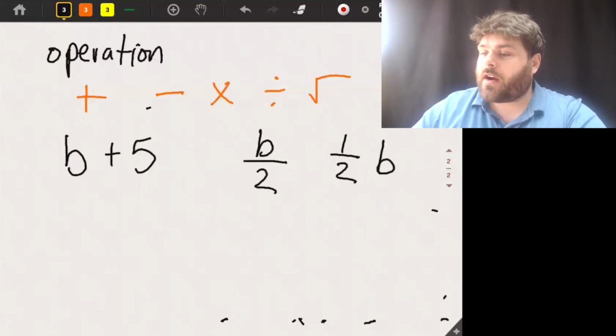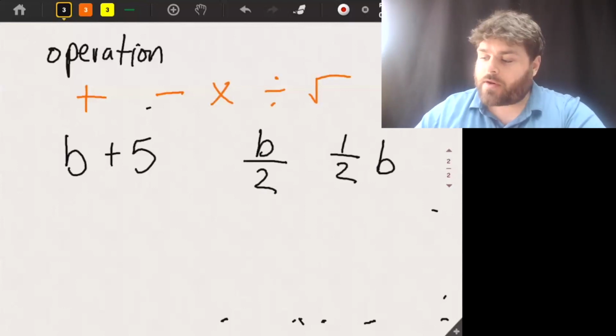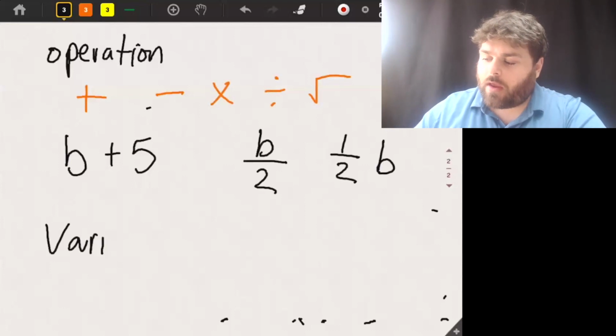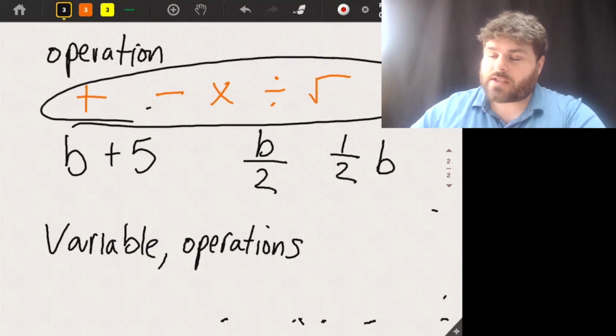So a few things here. We call this an expression. When we take a variable, mix it with operations, what are our operations? That's right, our operations are plus, minus, multiplication, division, all those things up top.